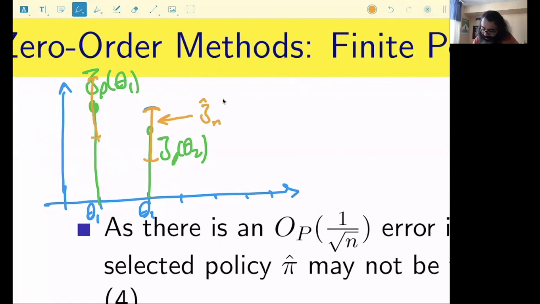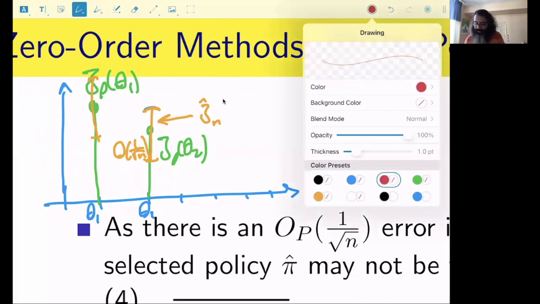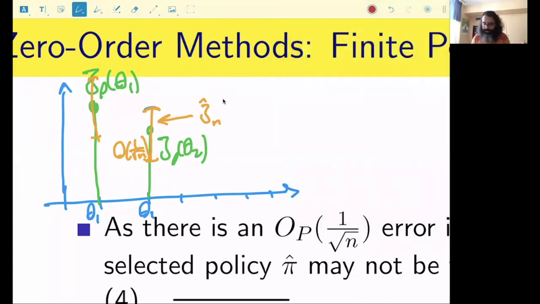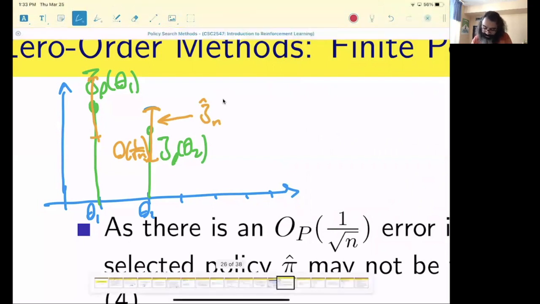And this region is order of 1 over square root of n. So suppose what happens is that you're kind of unlucky. For theta 1, we select these points. The estimated value would be the lower bound of that confidence interval.